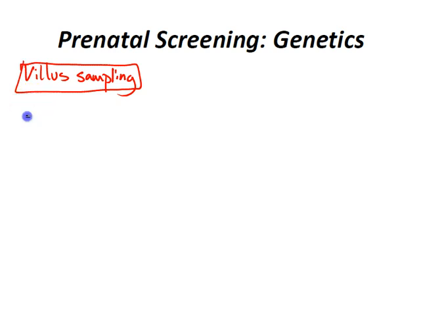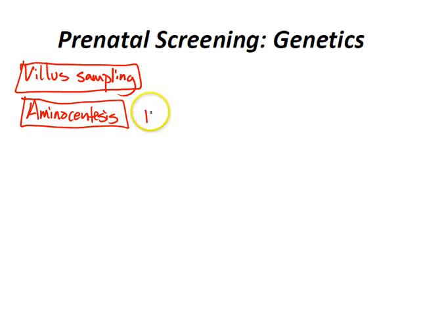Now, in amniocentesis, it removes amniotic fluid, which contains fetal urine, exudate, exfoliated cells, and secretions. That's generally performed within 15 to 17 weeks gestation.